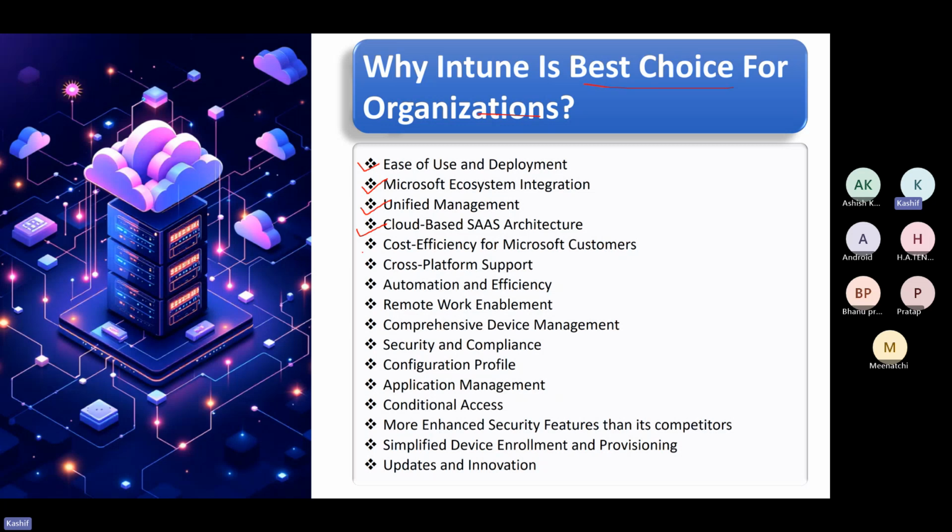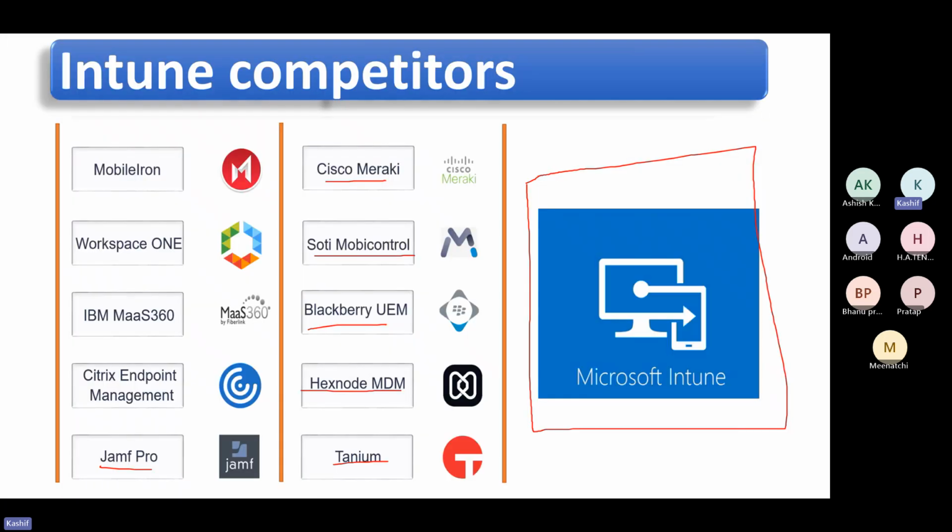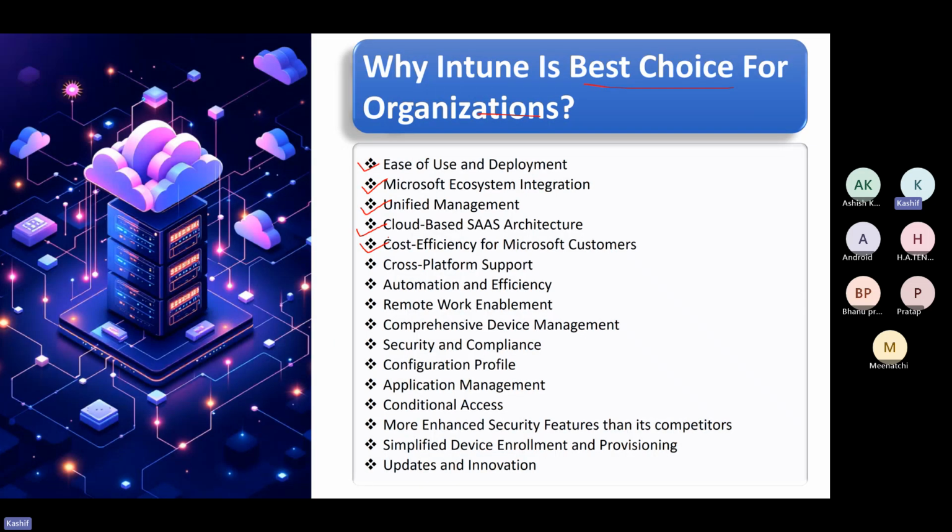Okay. Then cost effective, it is less expensive than third party products. It is the cheapest one. You see, these products are expensive, but Intune is the cheapest one. Why? Because if you are a Microsoft customer, then they give you a lower price.